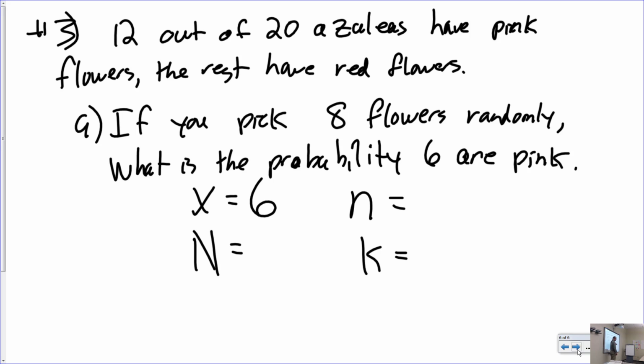The number of events, right? I'm actually picking 8 flowers. The big N is 20 because that's the total number of flowers you're choosing from. And k is 12 because 12 out of those 20 are going to be pink.